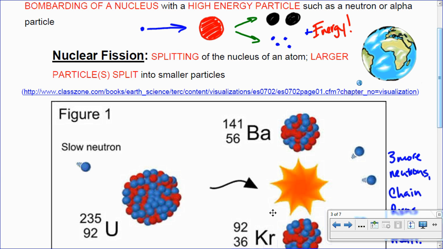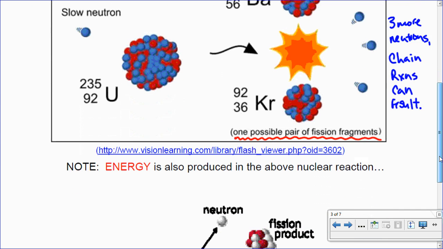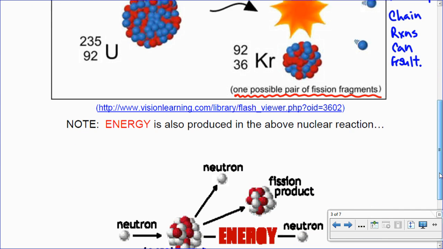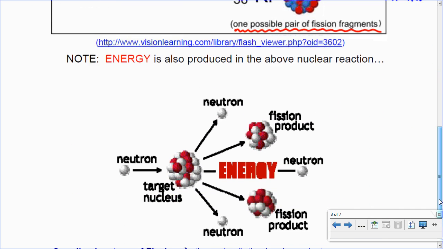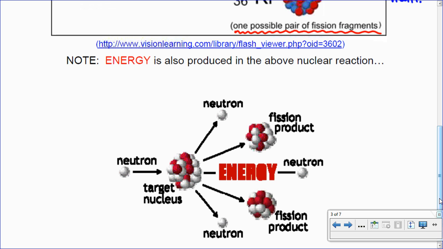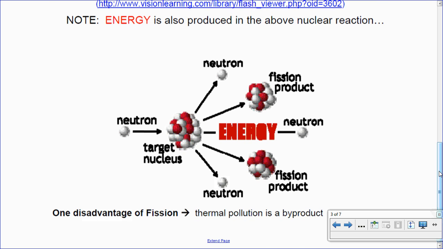Some of these things, if they're left to go out of control, can make some very messy radioisotopes, which cause serious damage and cancers and all that kind of stuff. So nuclear reactors gone out of control, or A-bombs gone out of control, can cause some serious health problems, as we know. Energy is also produced in nuclear reactions because a small amount of that mass is turned into energy.